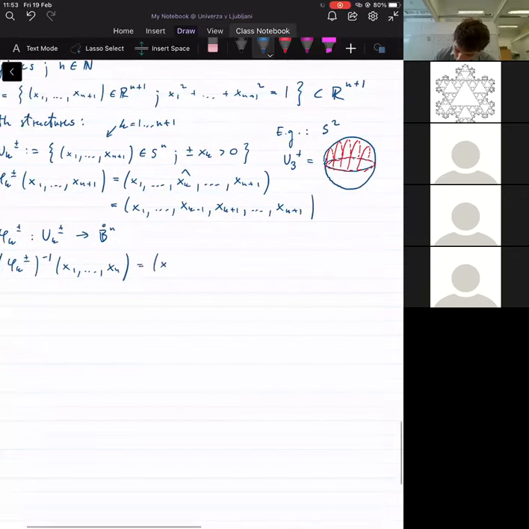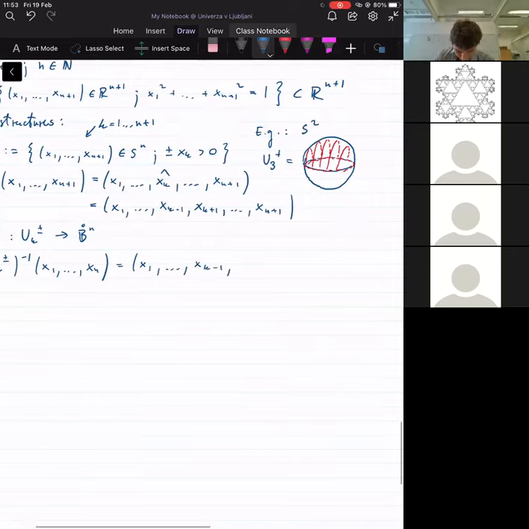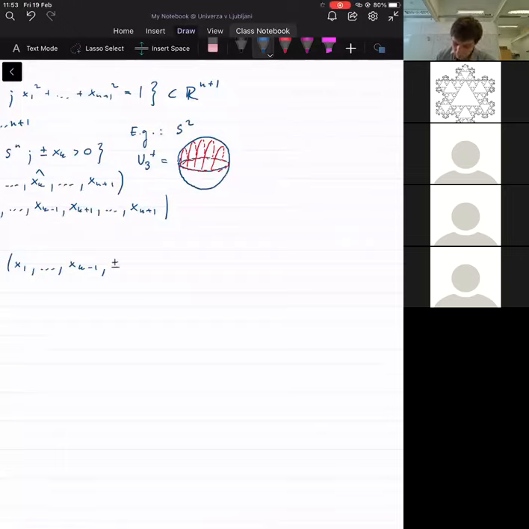So (phi_k^±)^(-1) of x1 to xn is nothing else but x1, and then we arrive at the (k-1)th place, and now we have to, of course, have the prescription of how to fill in the kth place. It's nothing but a graph, right? So this would mean ±the square root of 1 minus the norm of x squared, which is the sum over i from 1 to n of x_i squared, right?